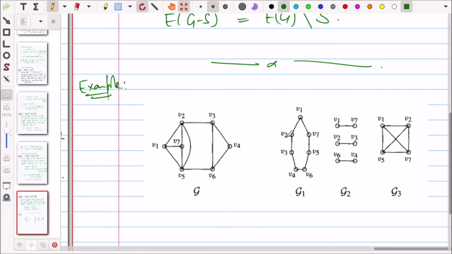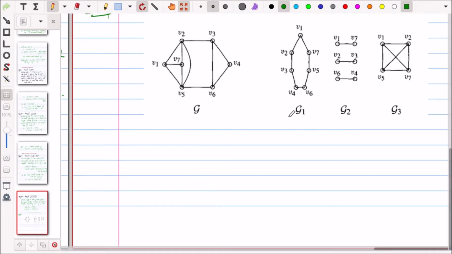Now edges देखो. V1 V2 adjacent, right? It is there. V2 V3 adjacent. V3 V4 adjacent. V4 V6 adjacent. V6 V5 adjacent. V5 V7 adjacent. V7 V1 adjacent. So all the edges are also there. So this is a subgraph of G, right?